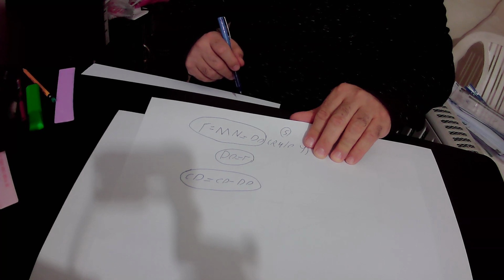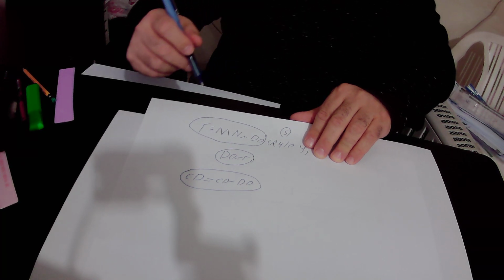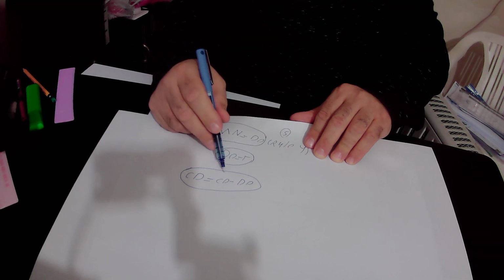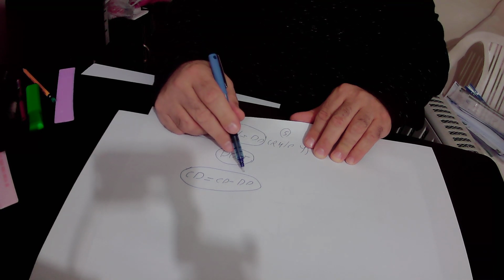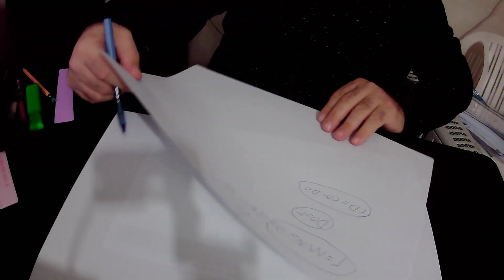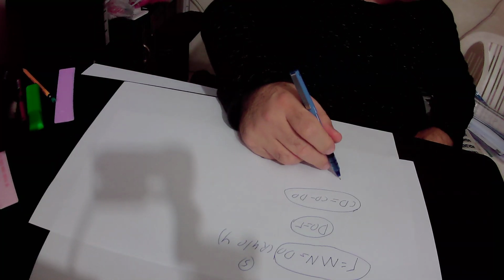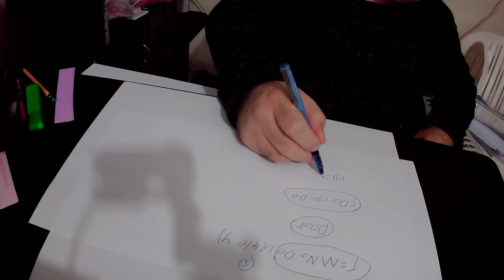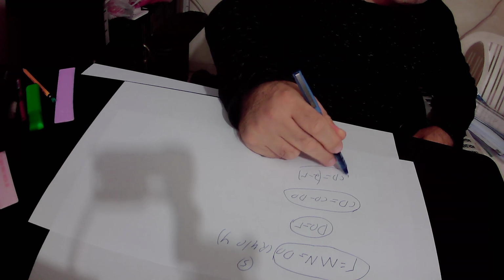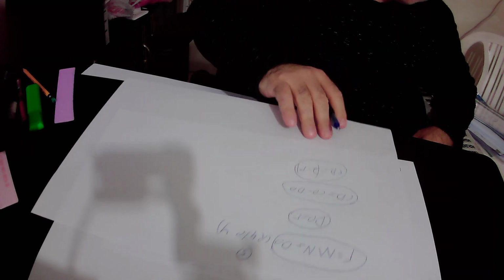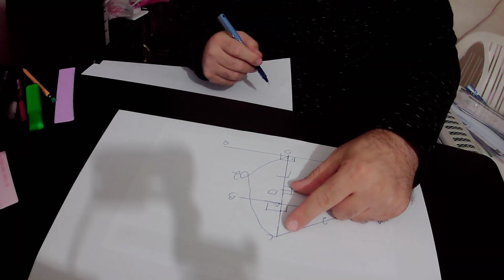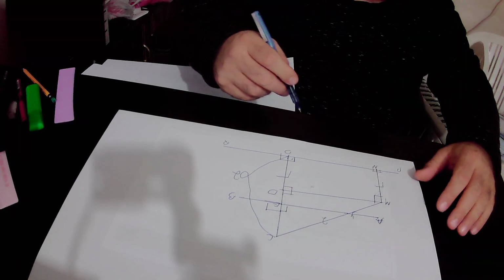Okay? And we know that CO equals 2 units and DO equals R. So in total we will get that CD equals 2 minus R. This line segment CD equals 2 minus R.